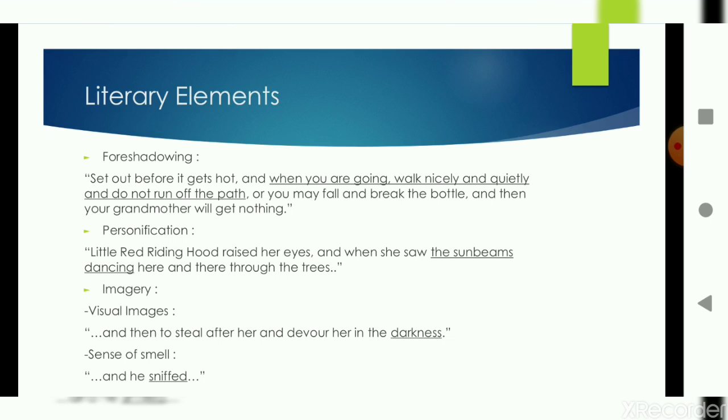Then we have imagery. First, visual images. From the story we have, and then still after her and before her in the darkness. Darkness evoked our visual sense. Then we have the sense of smell, and he sniffed. Sniff evoked our sense of smell, our nose.